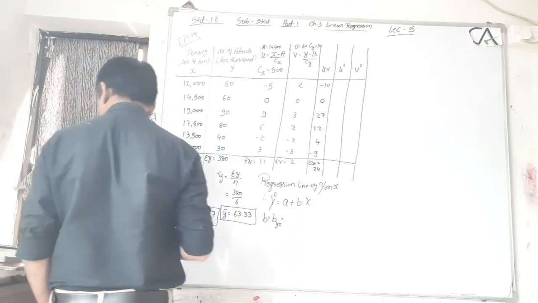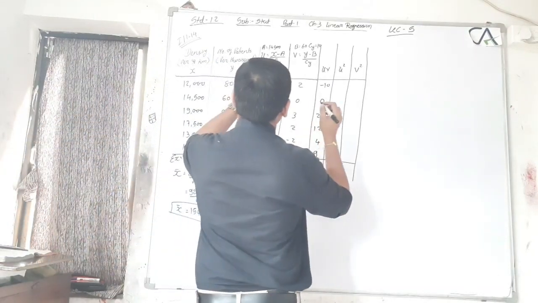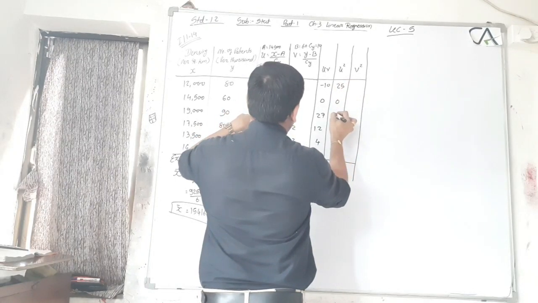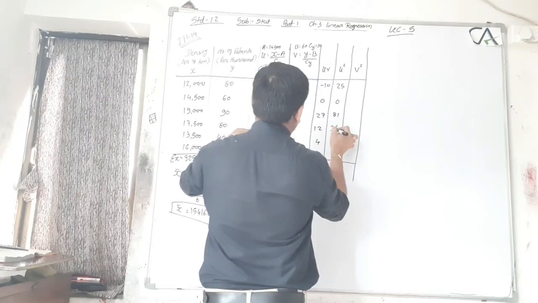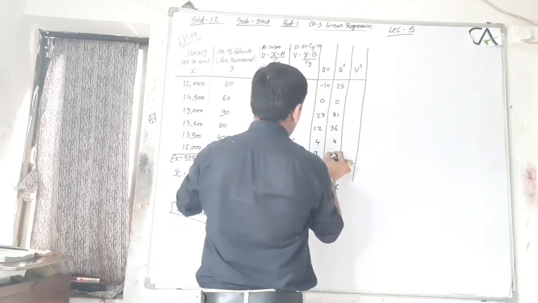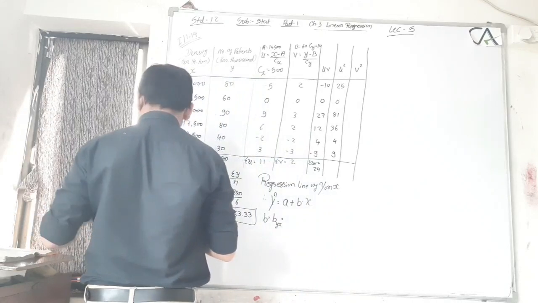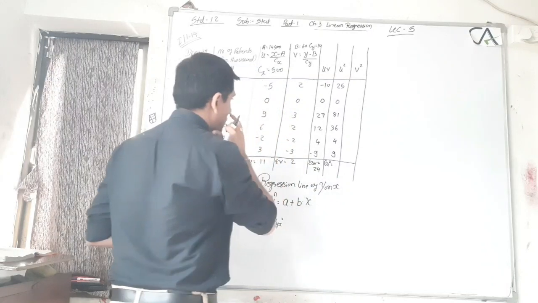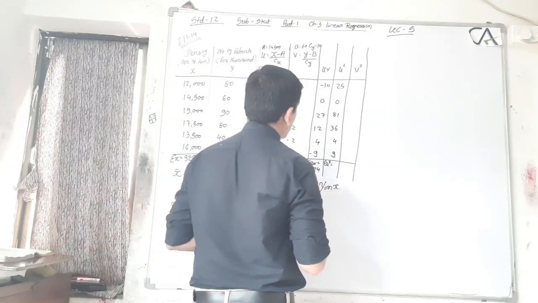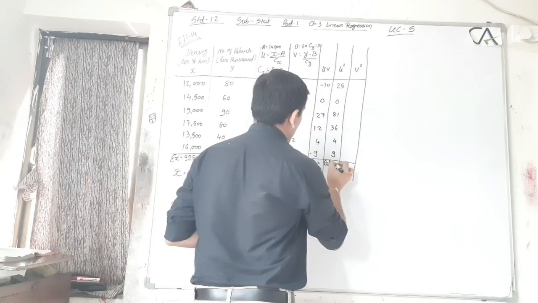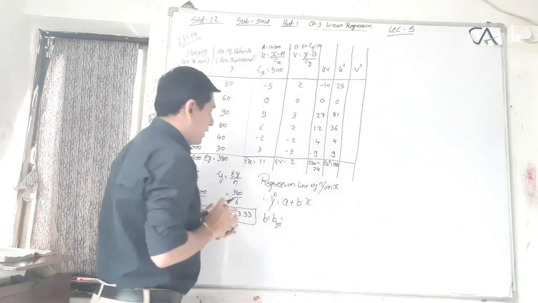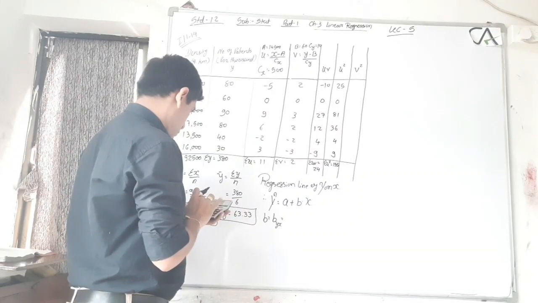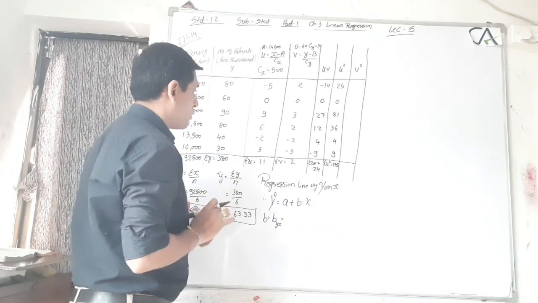It is 24. Then u square. Here what is u square? 25, then 0, then 81, then 36, then 4, and then 9. Make the total here, sigma u square, it is 155.